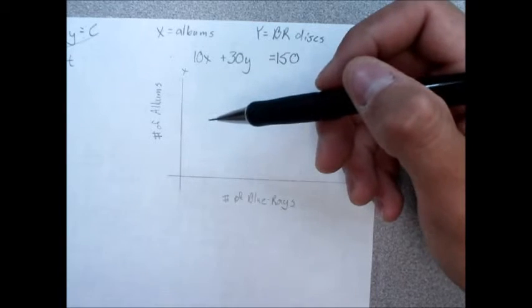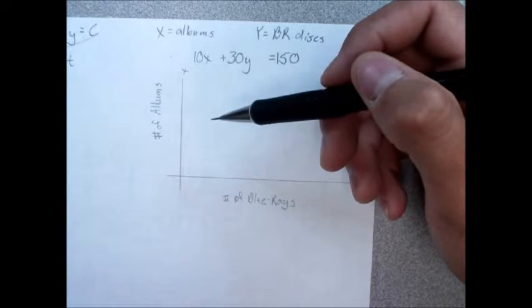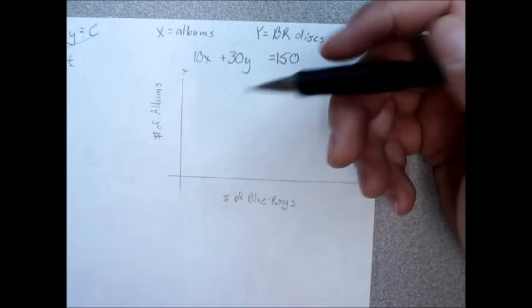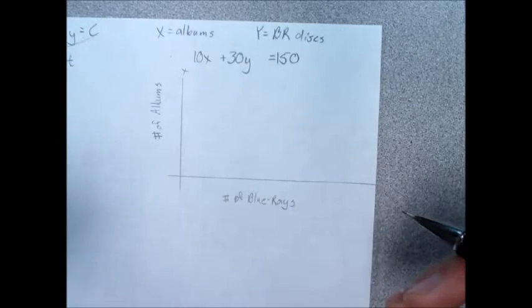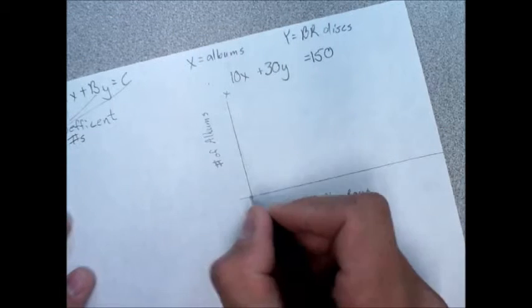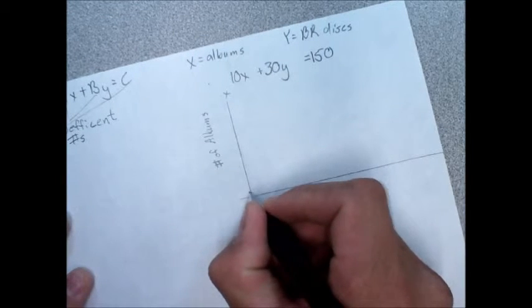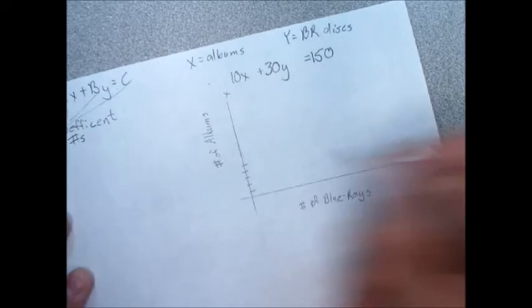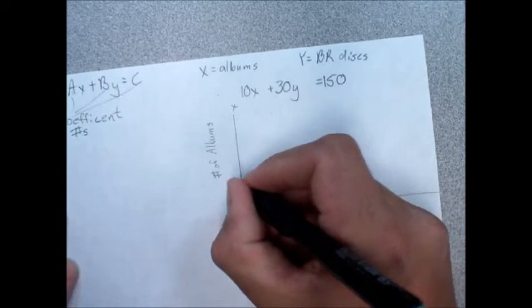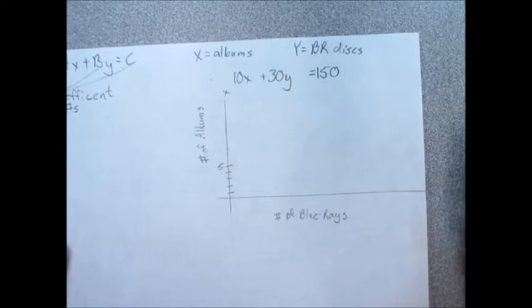All right, how about the number of Blu-rays? How many can she buy? She can buy 5. So we need to go to at least 5. These increments are small enough that I should just mark them off. 1, 2, 3, 4, 5. If you're lazy like me, guys, and I know you are, don't write the number for every one of them. Just do an increment and write in that number.